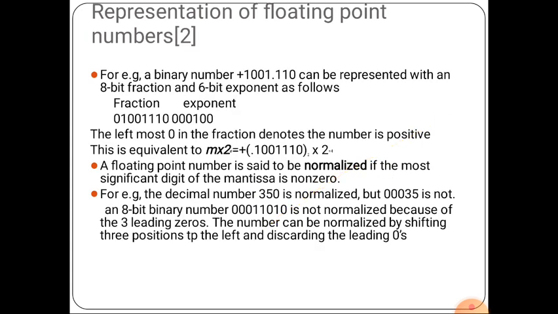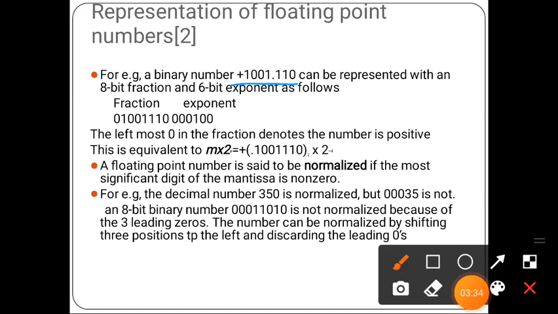Then another example: if we consider a binary number plus 1001.110, it can be represented with an 8-bit fraction and a 6-bit exponent. The leftmost 0 indicates that this number is a positive number.